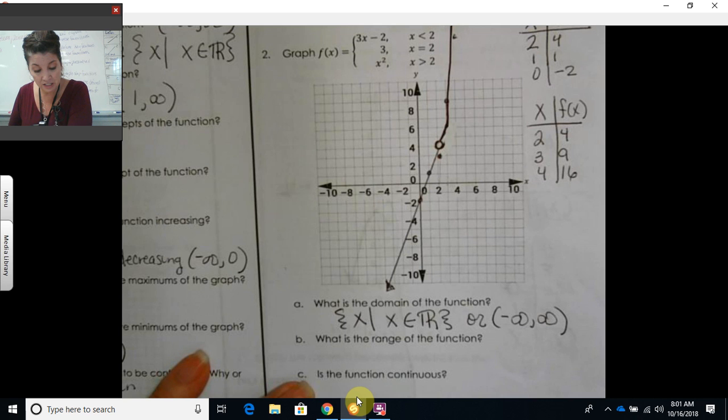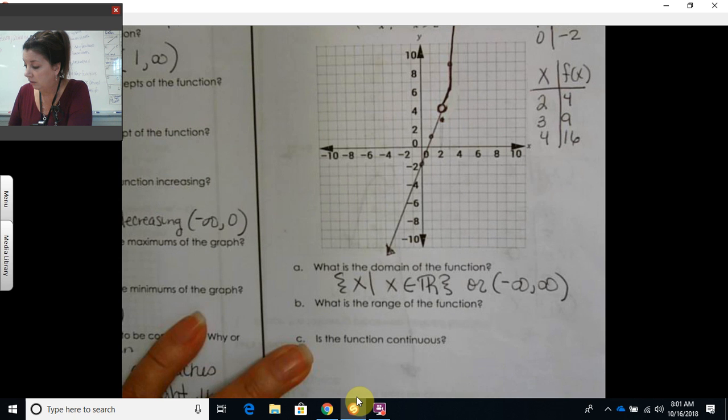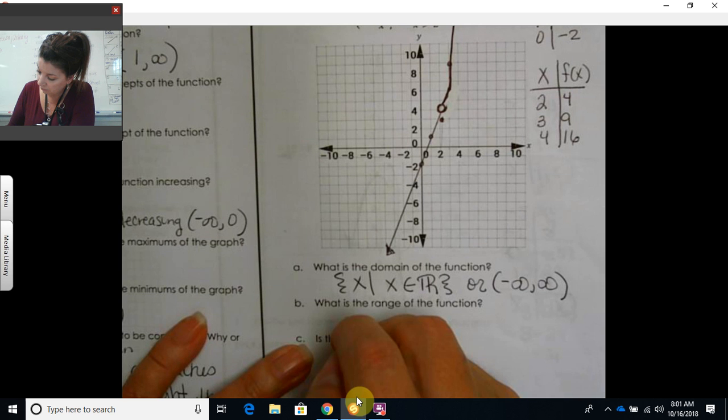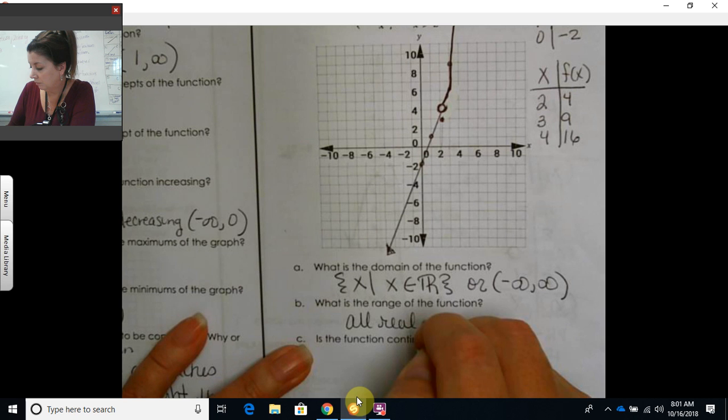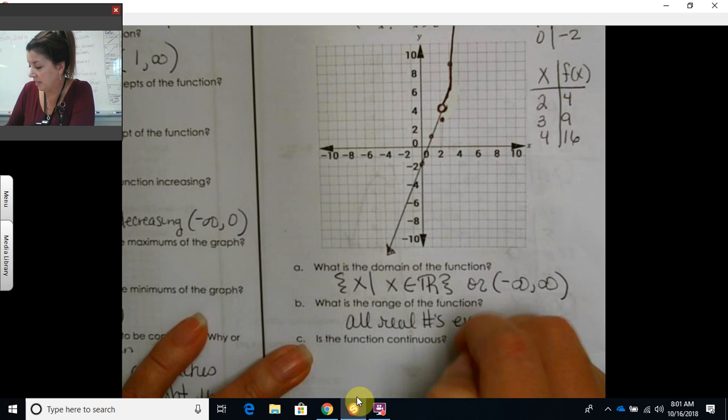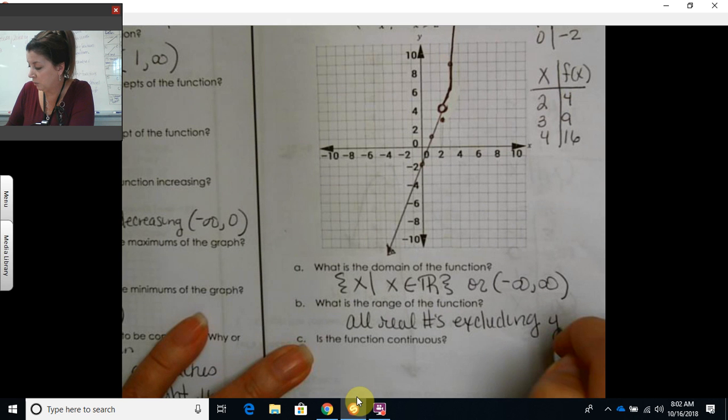What is the domain of the function? Or I'm sorry, what is the range of the function? Except for what? 4. Except for 4. All real numbers except for 4. Or we could say excluding 4. Excluding y equals 4.